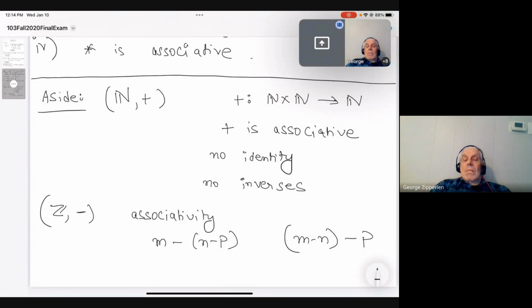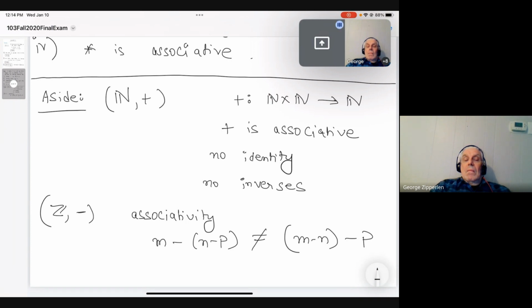It's not true, right? If I am dealing with subtraction, then I really have to keep track of my brackets, because these two things are not the same. So that's one technical failure. I don't have associativity.